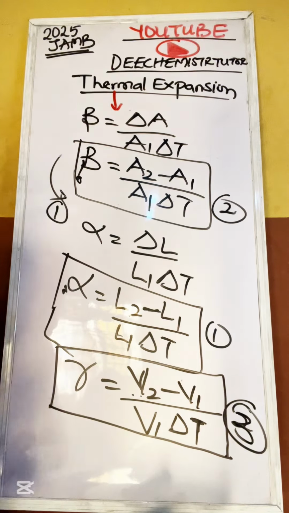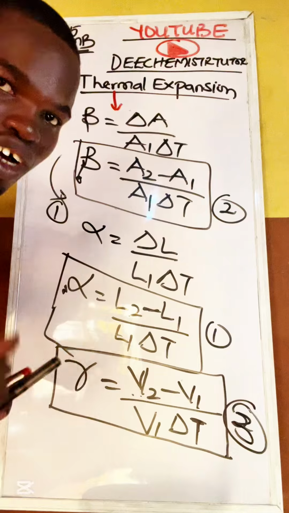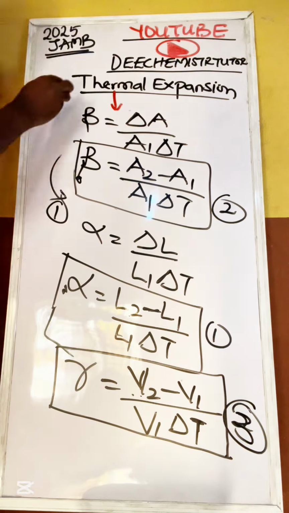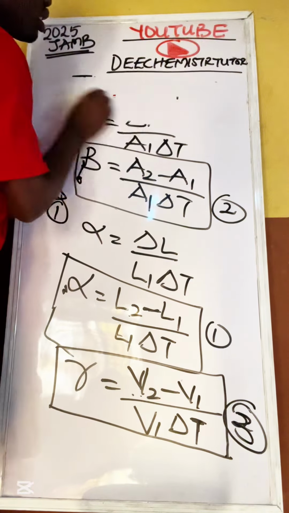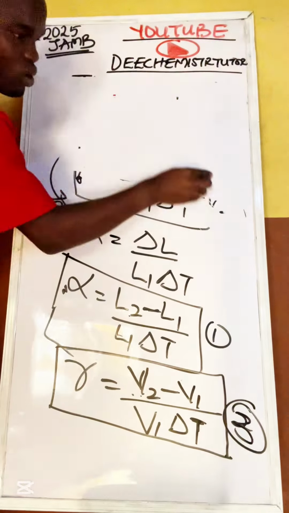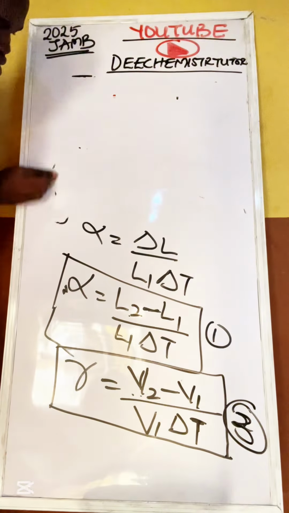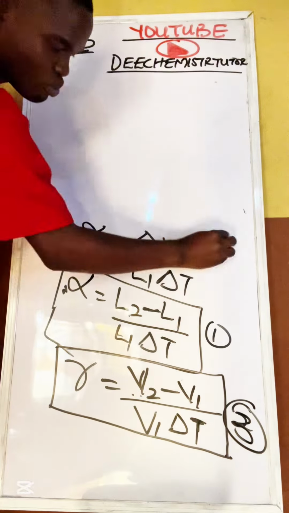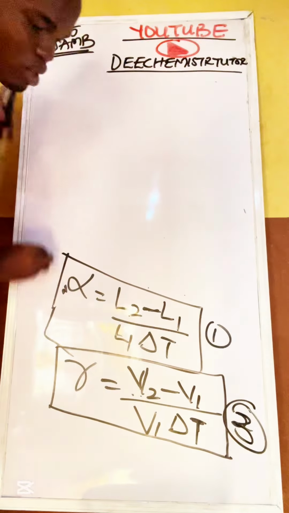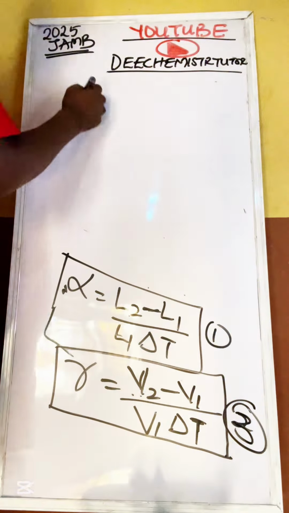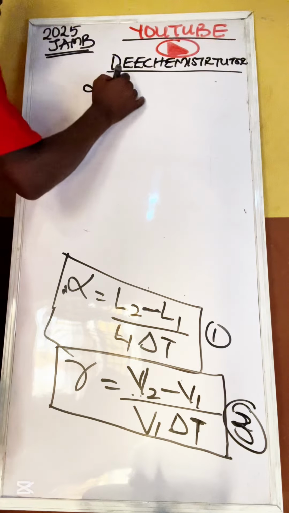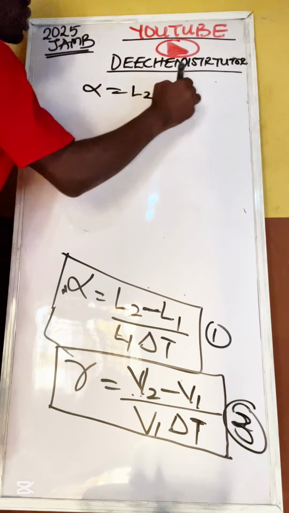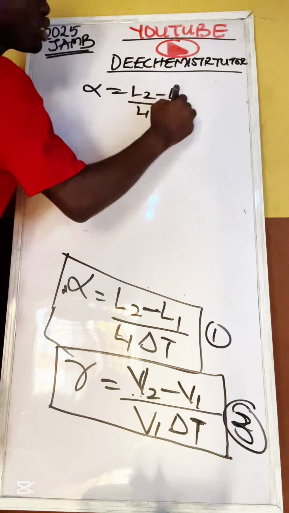Now, let me give you some of the things that you will need to know here. Let's say I want to do some manipulation to this. We already said linear expansivity is alpha equals L2 minus L1 over L1 change in temperature.